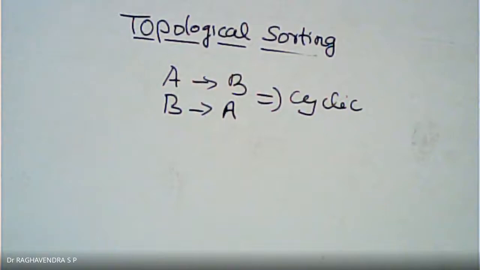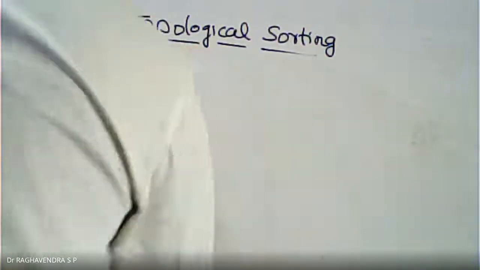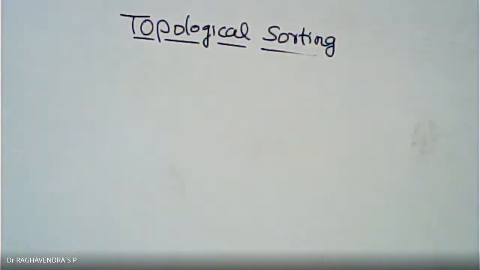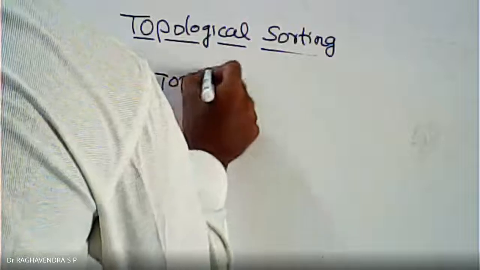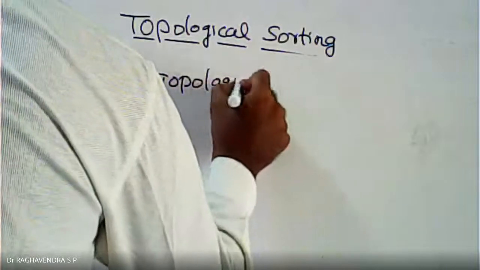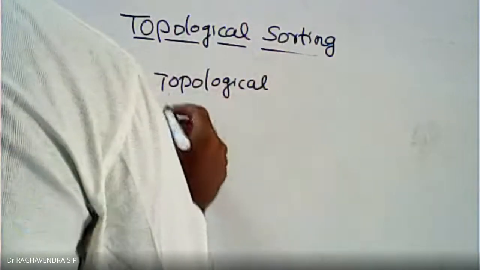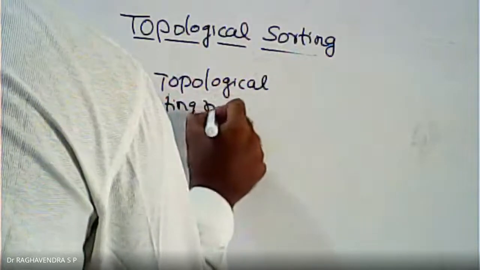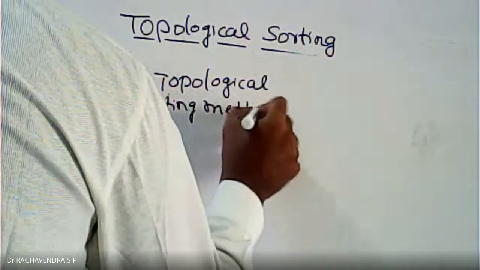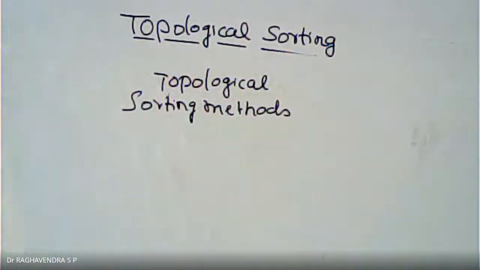Okay. So this topological ordering can be obtained in two ways. Topological sorting can be obtained in two ways.